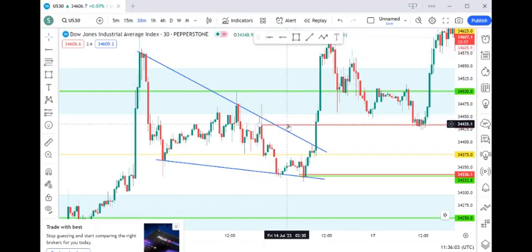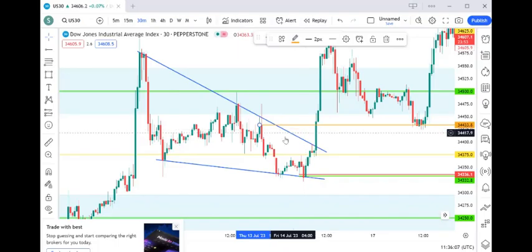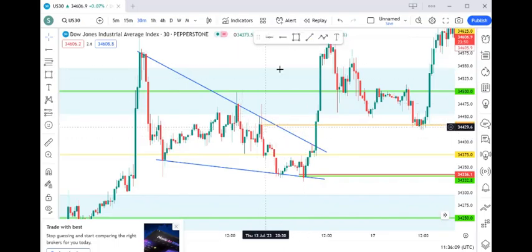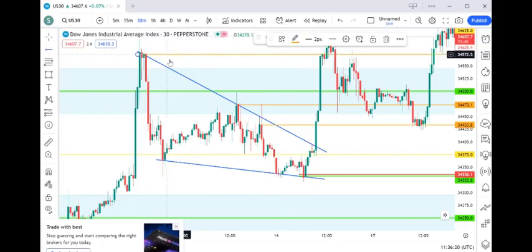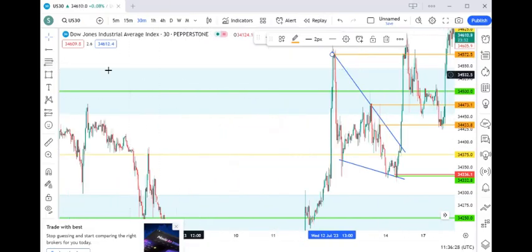Let me change this color. We've got TP1. We've got TP2. We've got TP3. If you've got more positions in, you're more than welcome to target more highs further back in the chart.